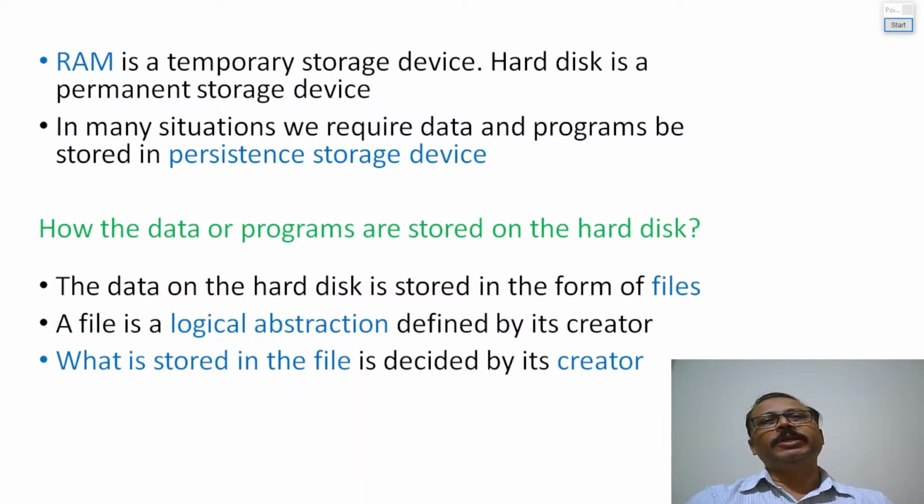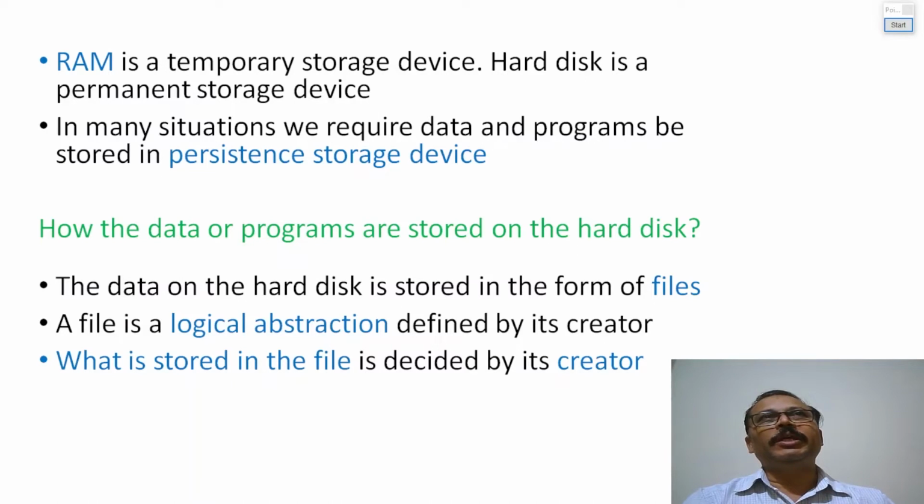If you consider memory, we have discussed that memory can be broadly divided into two types. One is main memory, the other is secondary memory. Apart from these, there are also other kinds of memory like cache memory, pen drives, etc. But broadly, memory is divided into main memory and secondary memory.